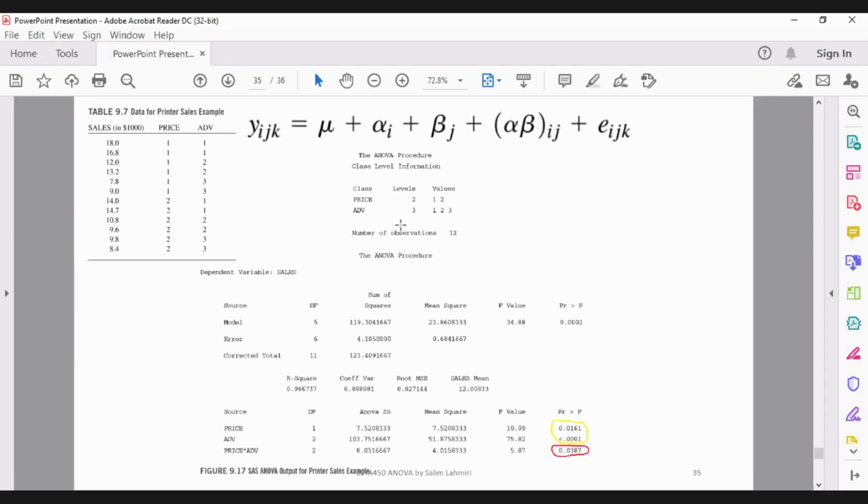When applied to the experiment, we get the p-value for price, the p-value for advertising, and the p-value for interaction effects. The p-values are less than 5%, which suggests that price level, advertising level, and price advertising interaction effects are all significant.